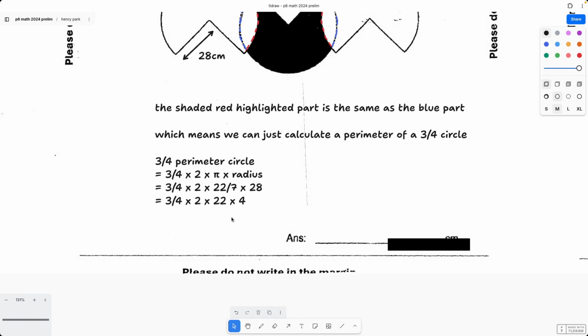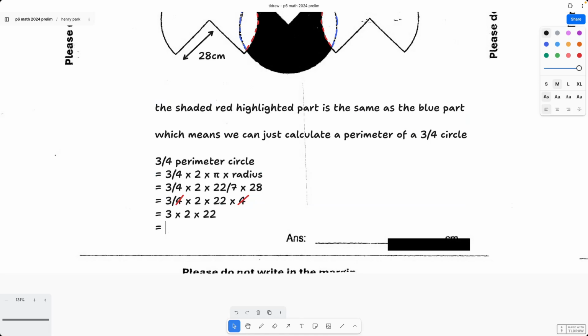Yes, and then we can cancel the 4, cancel the 4 with this as well. So this will then become 3 times 2 times 22.